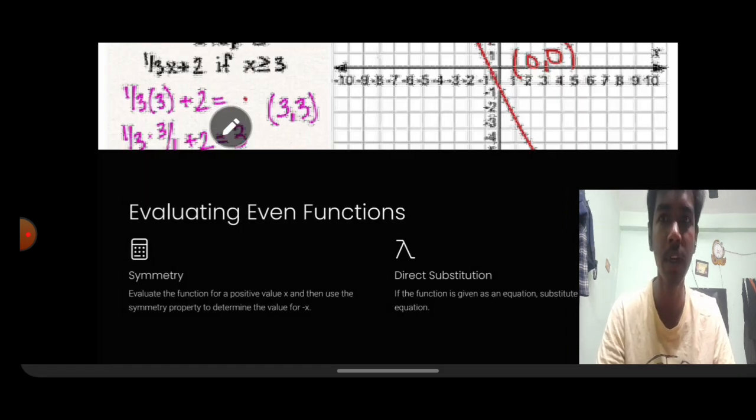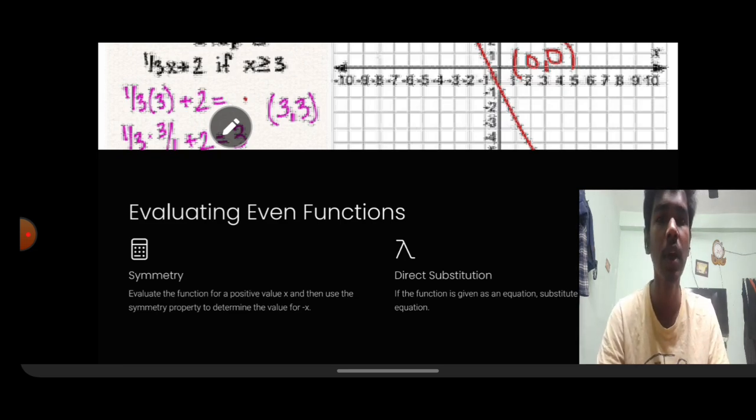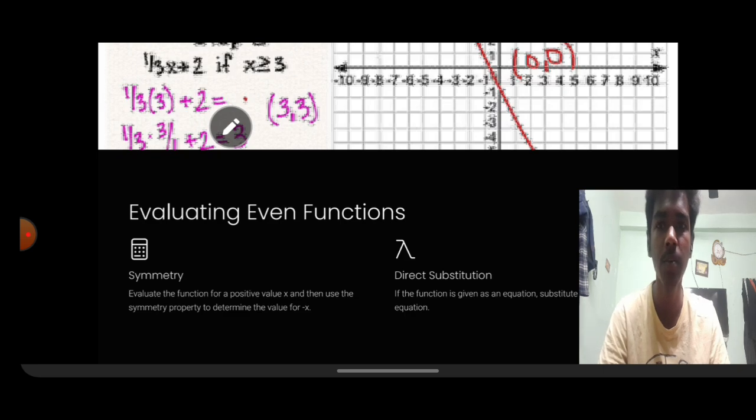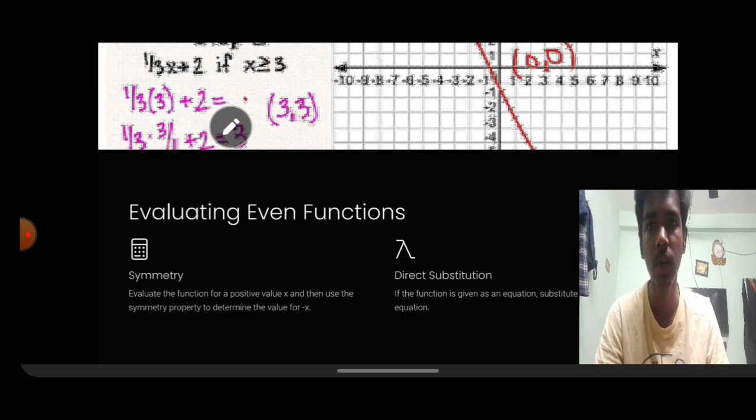Next, we will discuss evaluating even functions. First, symmetry: evaluate the function for a positive value x and then use the symmetric property to determine the value at minus x. And direct substitution: if the function is given as an equation, substitute into the equation. For example, x is equal to minus 2.